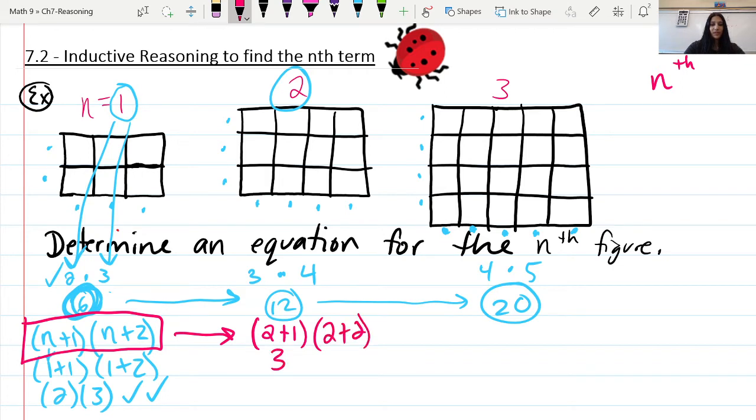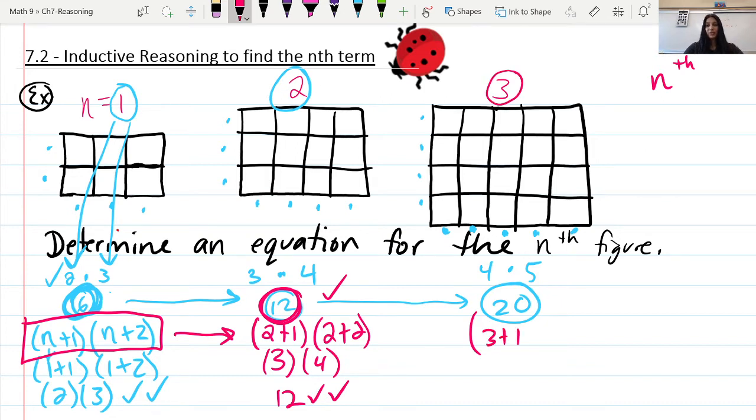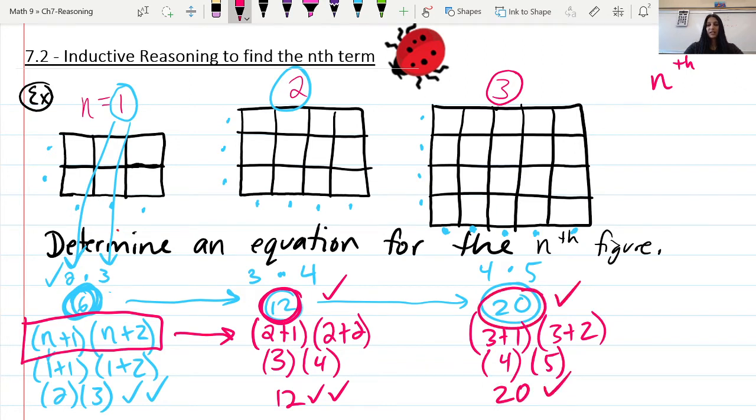So this means it's 3 times 4, which really does give me 12, so I can say yes, this formula works. And I'm going to test it one more time with this last one. N plus 1, well, the n here is 3, so 3 plus 1, times n plus 2, so 3 plus 2, so that would be 4 times 5. So 20 is what I should get, and it really does work.